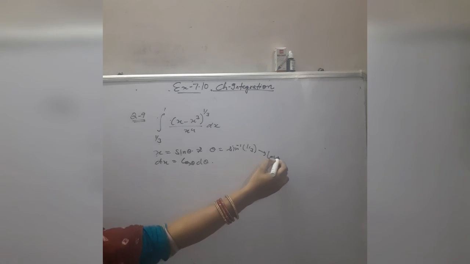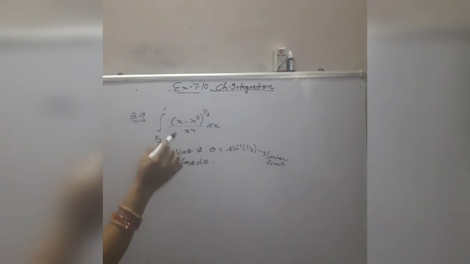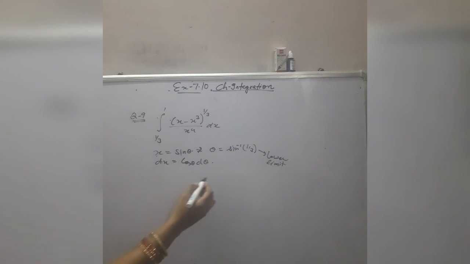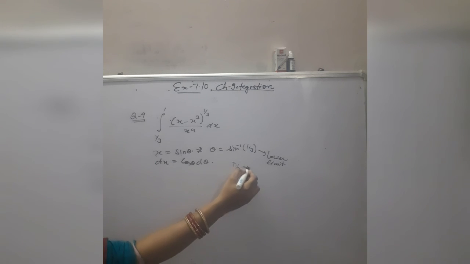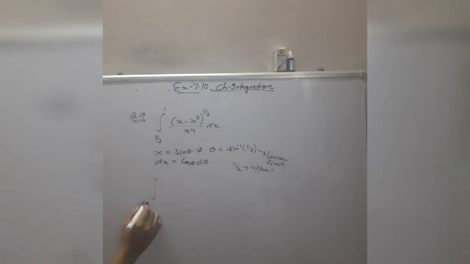And if you put 1 here, then sine inverse 1 is pi by 2. So pi by 2 will be the upper limit. So after changing it, the lower limit is sine inverse 1 by 3, the upper limit is pi by 2.